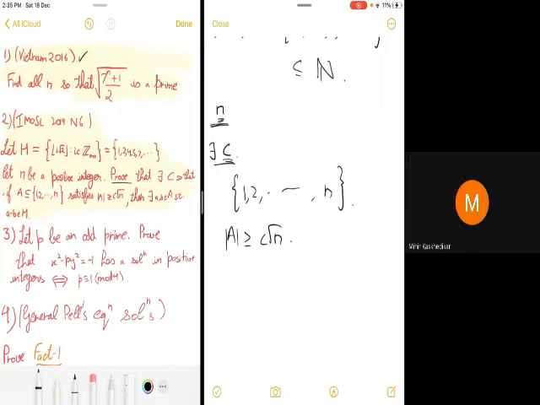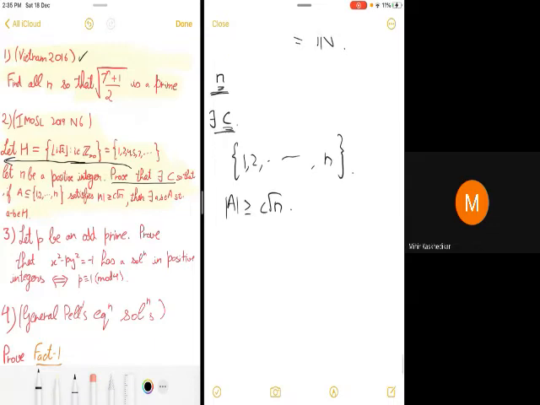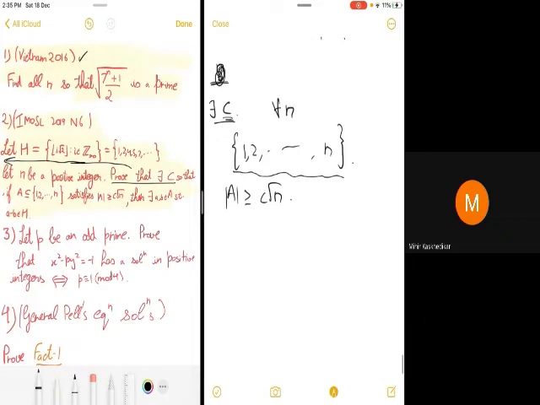So prove that there exists c such that for all n, considering this set, if the cardinality of A is greater or equal to c root n, then we must have two elements in A with their difference being in H.